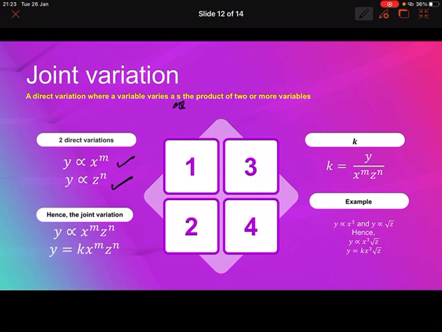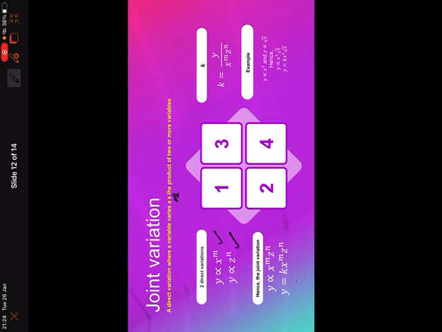So how do you find the k? Just bring everything other than k to the other side, so you get k equals y over x power of m times z power of n. How do we say this joint variation?